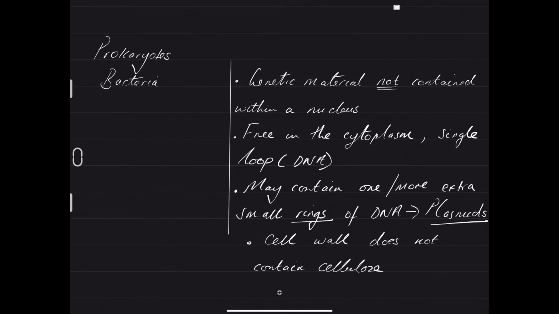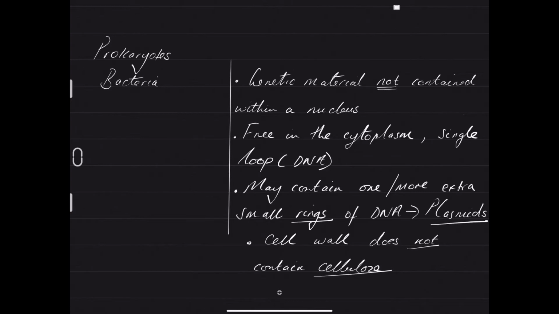Now, I have seen exam questions where, in the build up to the question, there are statements where they give you a cell, but they specifically tell you within the question that the cell wall does not contain cellulose.